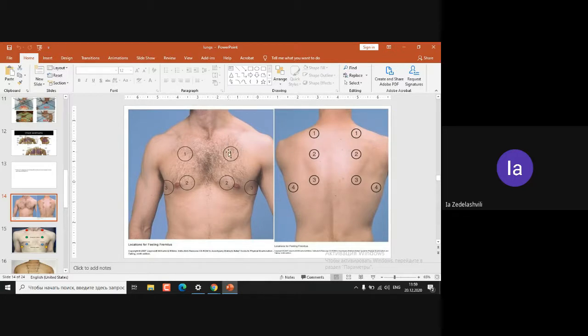On the anterior side, it's parasternal. See, my dear, it's given in the picture. And on the posterior side, it's between the vertebra and scapula, because the scapula bone can change the sound. So we never do auscultation or percussion on the bony structure, only on the intercostal spaces.